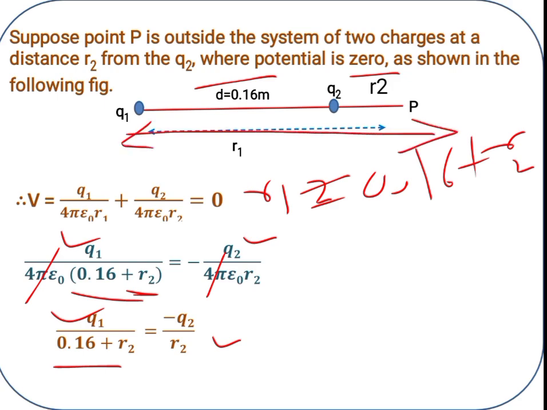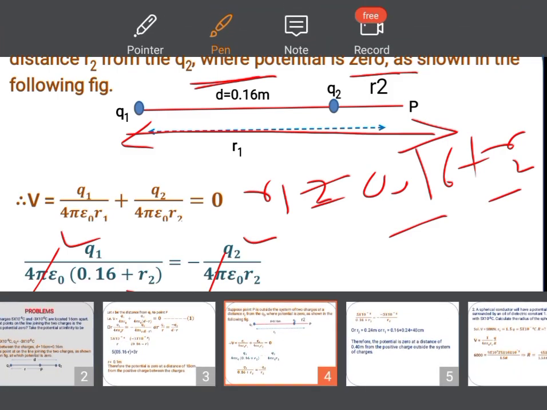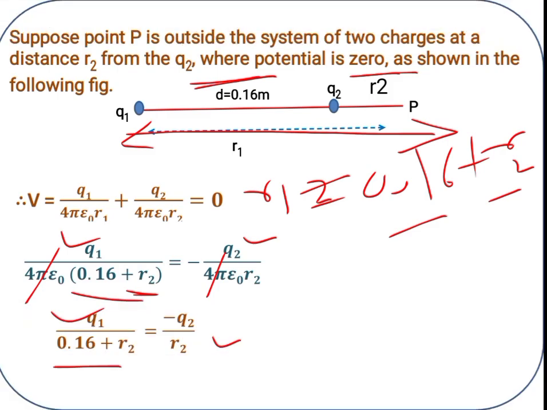Instead of R1, I substituted 0.16 plus R2, and here it is R2 as it is. Next step.